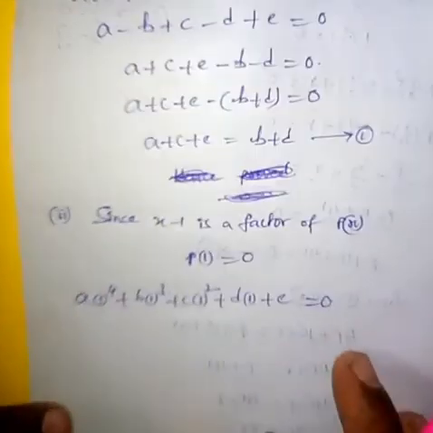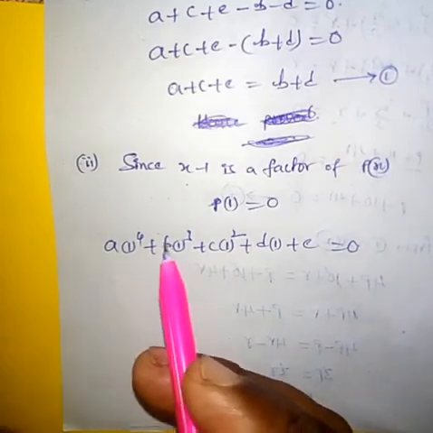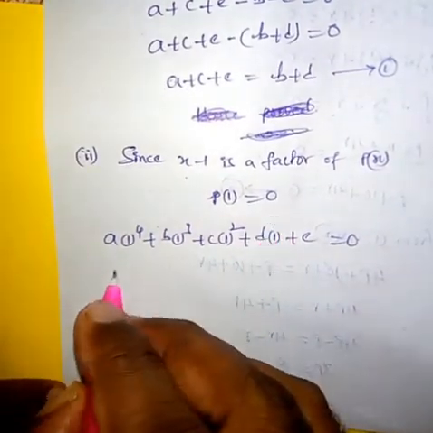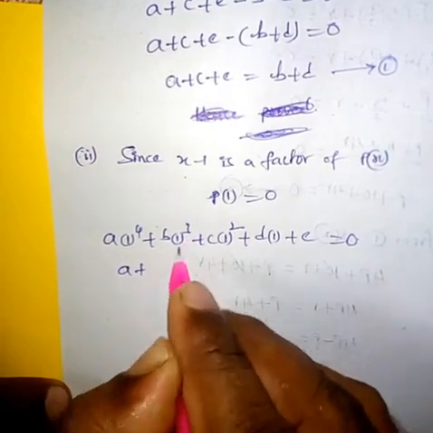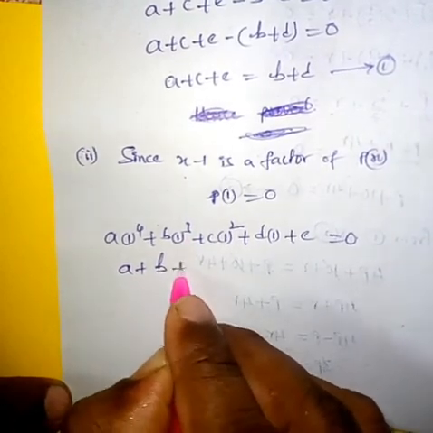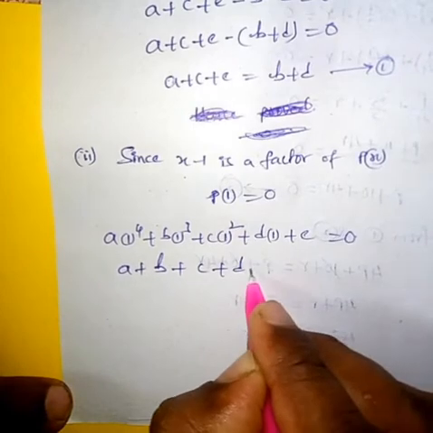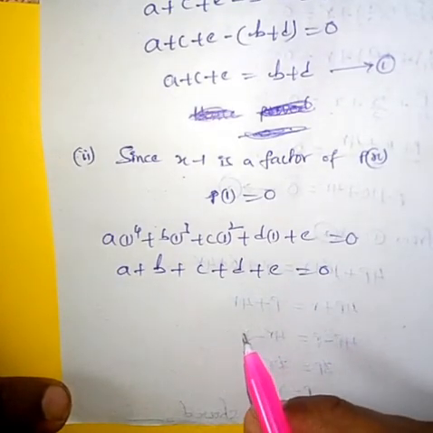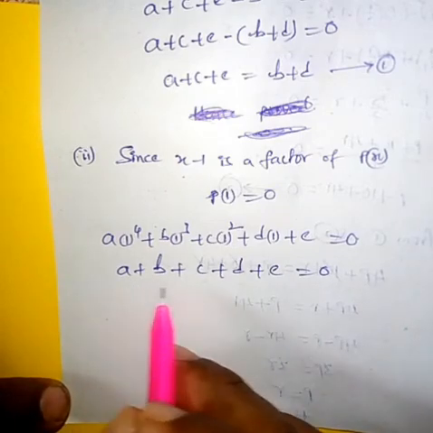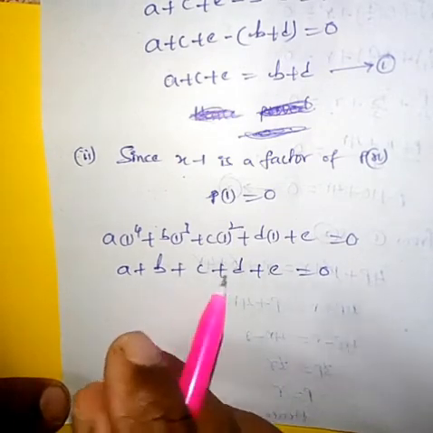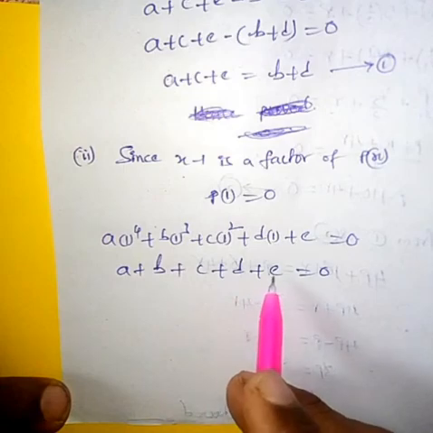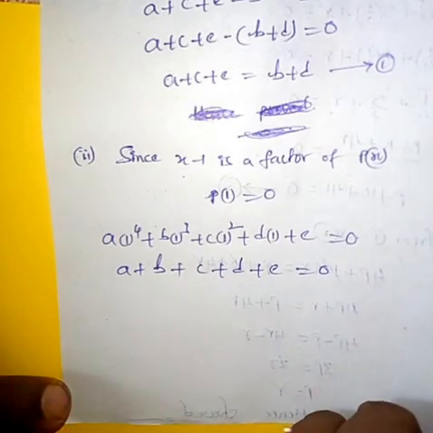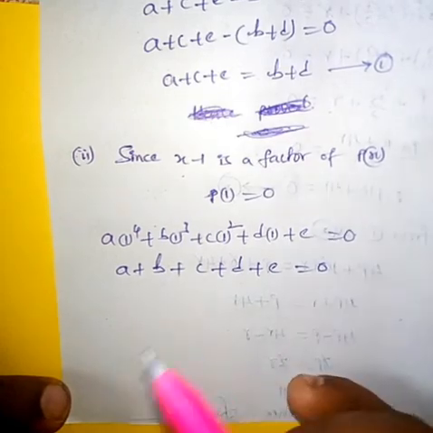Now simplify this. A into 1 power 4, 1 power 4 is nothing but 1, that is a into 1, a. Plus 1 cube means 1, that is b, here also c plus d plus e is equal to 0. Now here all the values are having the symbol plus, so you can write in any order.